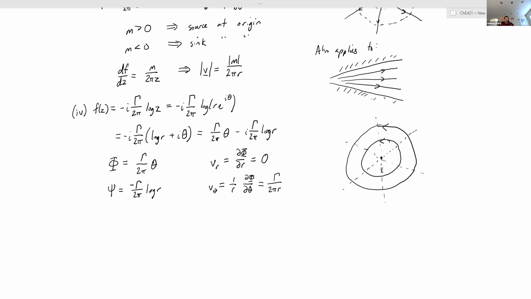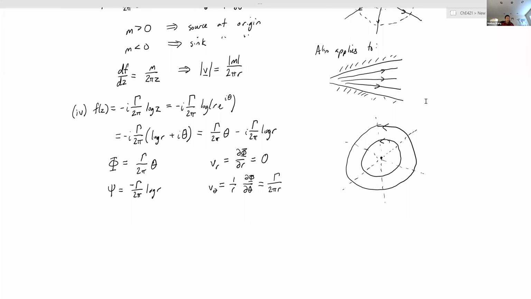If you could have like a little pinwheel and drop it anywhere in the middle of that flow, it wouldn't actually be rotating at all. It will move around the origin because the velocity is moving around the origin, but the local angular velocity of that is going to be 0, and that's purely because the velocities near the origin are actually larger than the velocities farther away from the origin, right? And so that difference exactly compensates for the fact that the thing has to move around as well.